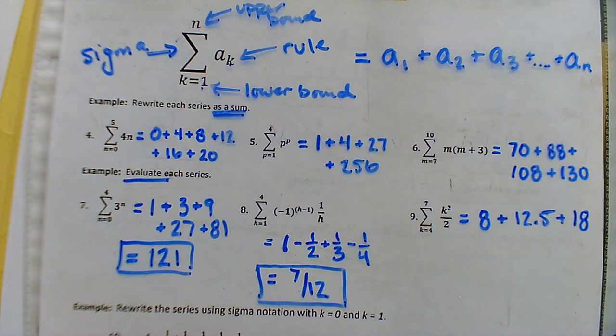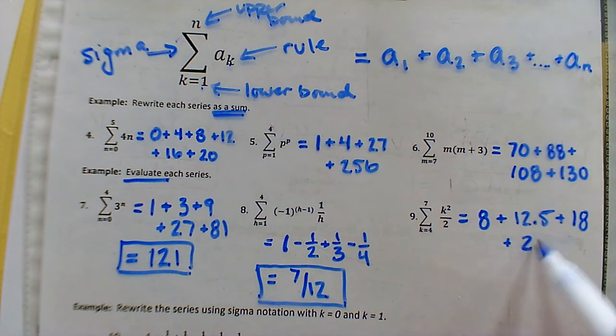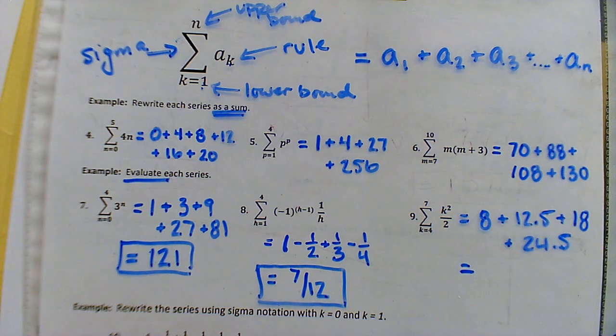And then 7 squared, 49 divided by 2, we got 24.5. Okay, so if we add all those up, 63. Perfect.